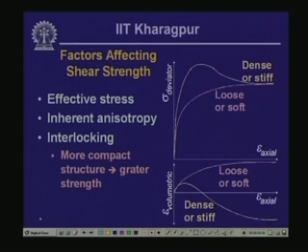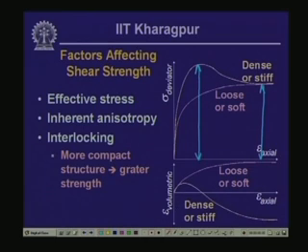Here, as is evident, in case of dense sample, the strength is much larger in comparison with the strength of loose sample, and that is because of the dilatancy really, which is illustrated with the volumetric strain versus axial strain plot near the bottom of these two plots.